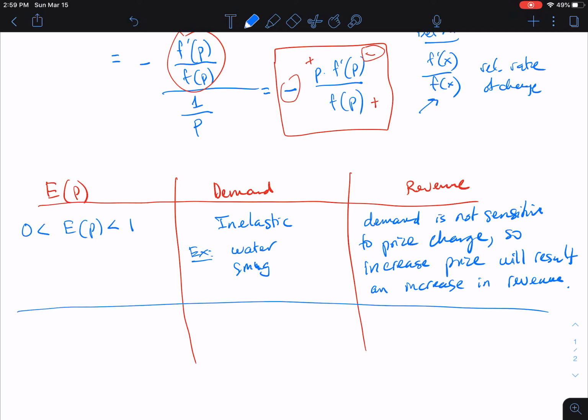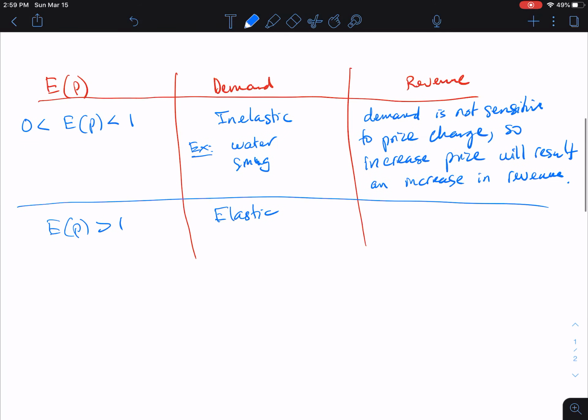And we can have an example where we calculate the E of P and the E of P value is greater than 1. That means the demand is elastic. And if demand is elastic, the demand itself is very sensitive to price change.